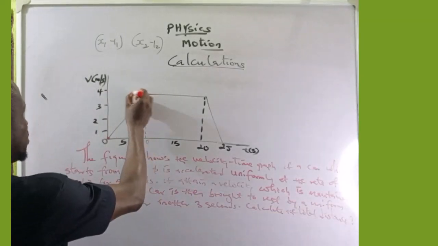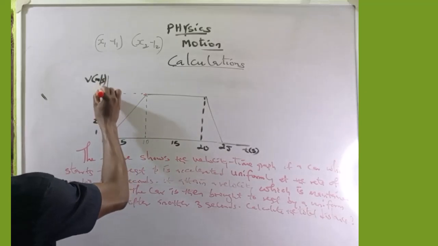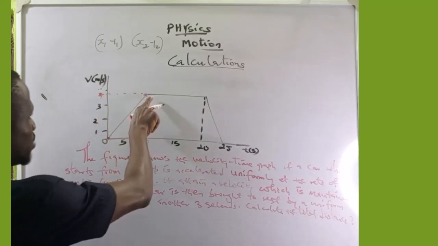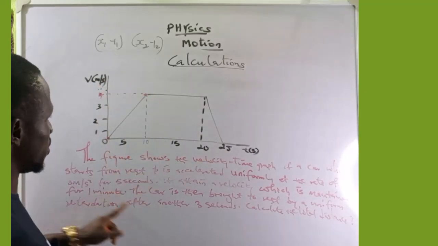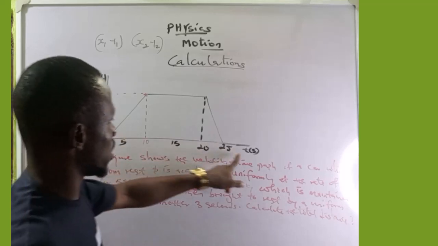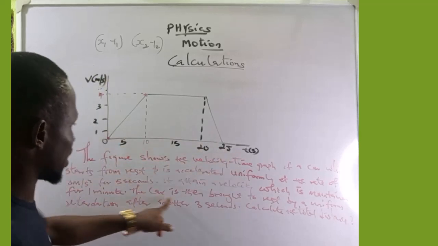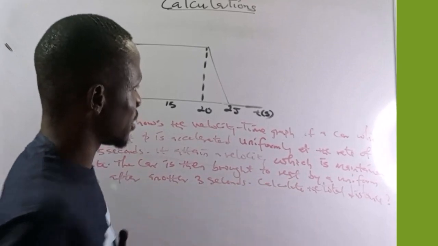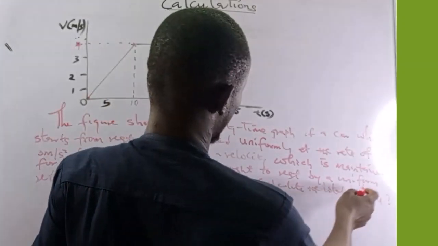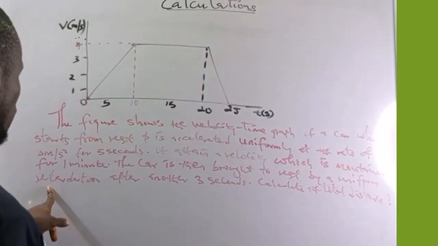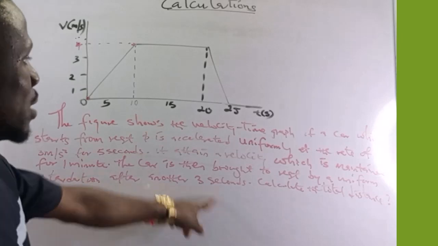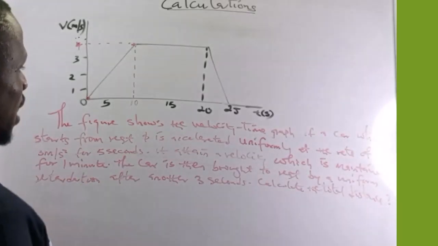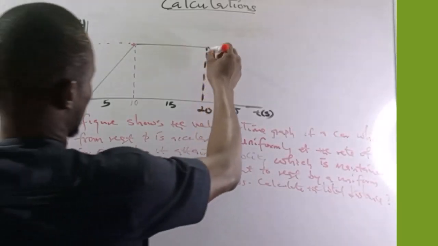This velocity here is 4 meters per second. It maintains this velocity for 1 minute. From here to here is 1 minute. The car is then brought to rest by a uniform retardation after another 3 seconds.